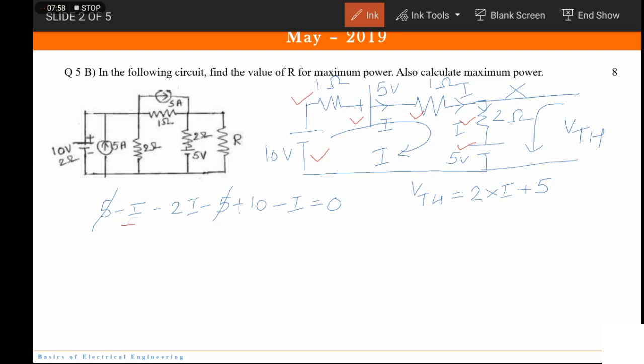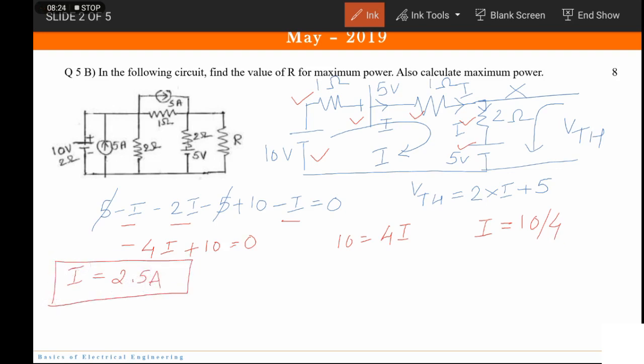So this I, this 2I, and finally this I are added together. So we get minus 4I plus 10 is equal to 0, or 10 is equal to 4I, or I is equal to 10 upon 4. So the value of I comes out to be 2.5 amperes.